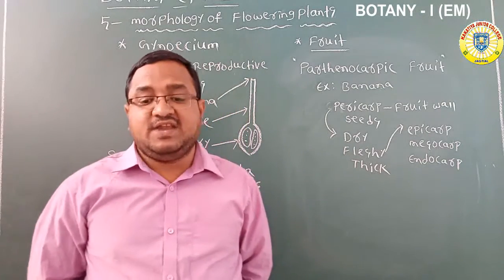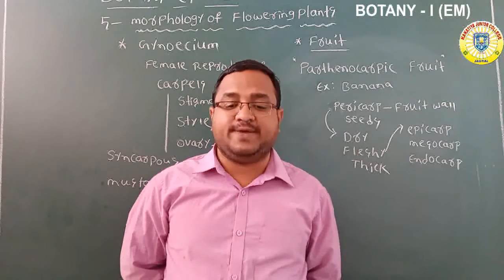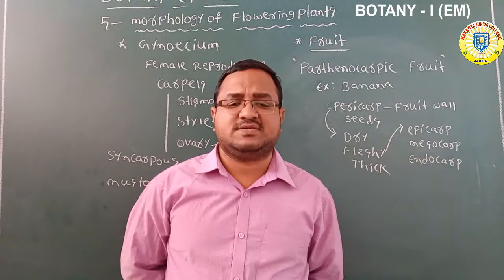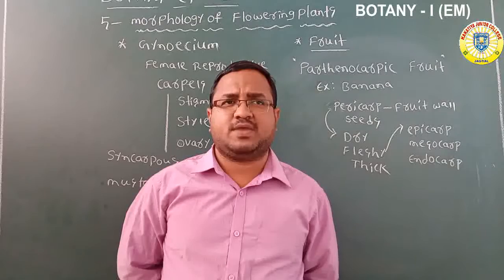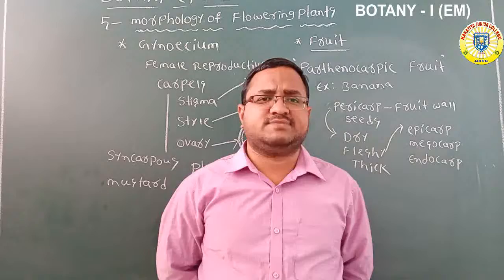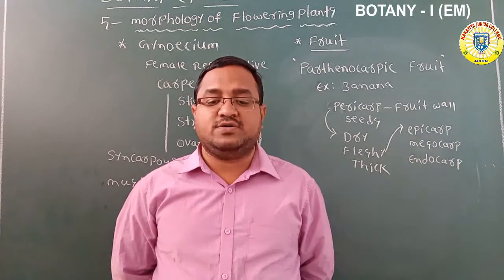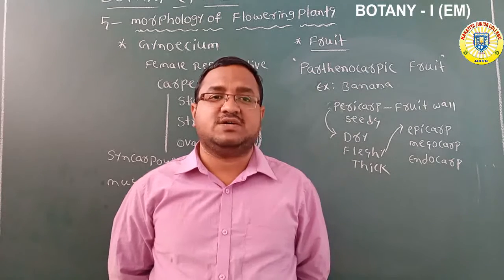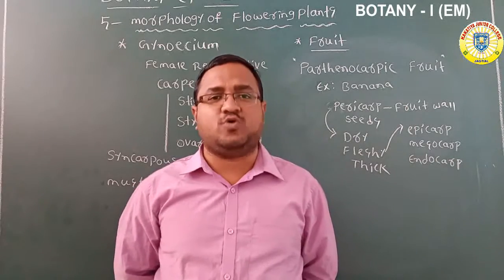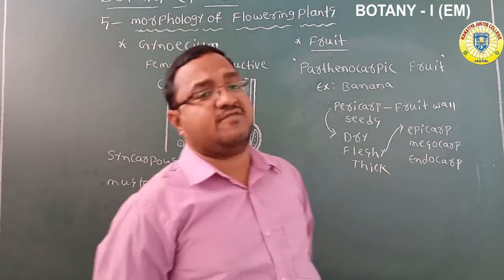But in a few plants such as apple, cashew nuts and strawberry, the thalamus, the stalk of the flower, thalamus, that is nothing but the ending part of the stalk of the flower.